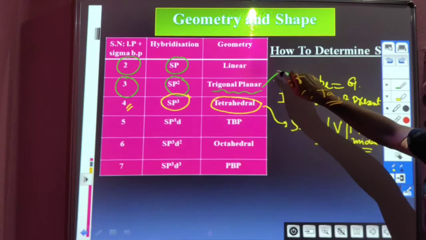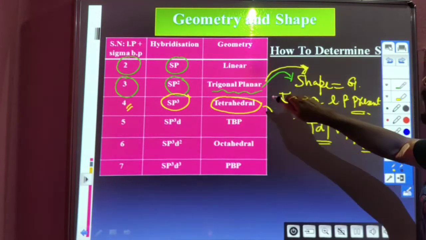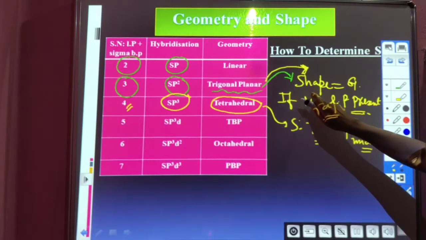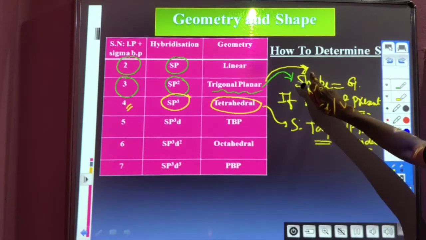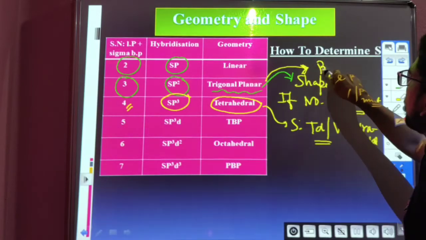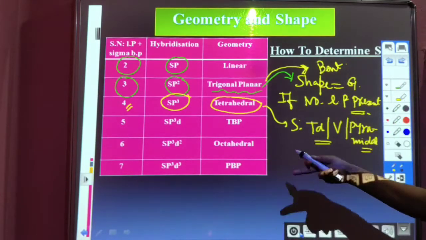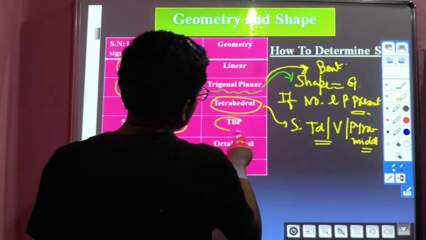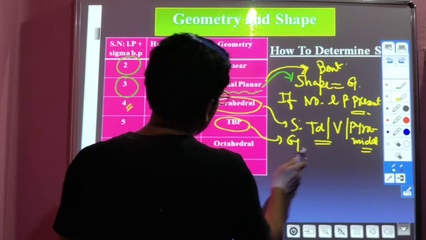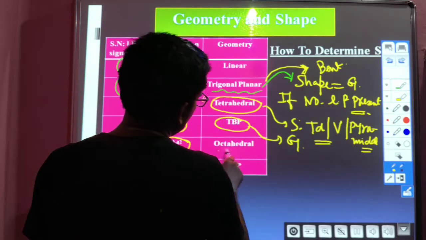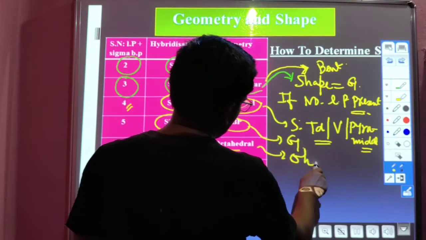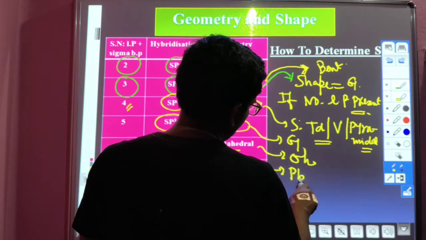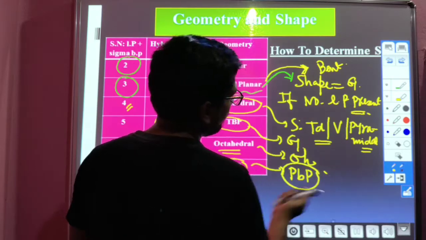In the trigonal planar case, the shape will be either trigonal planar or bent. I will show you later. If hybridization is sp3d, then geometry will be TBP, if sp3d2, then octahedral, and if sp3d3, then pentagonal bipyramidal.